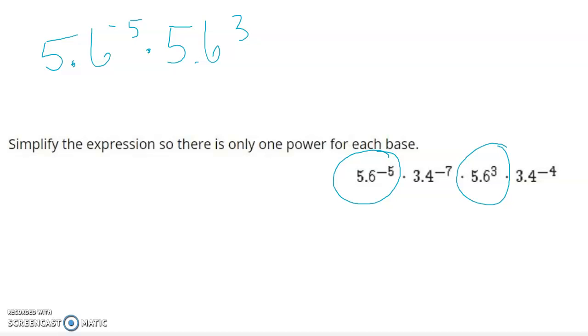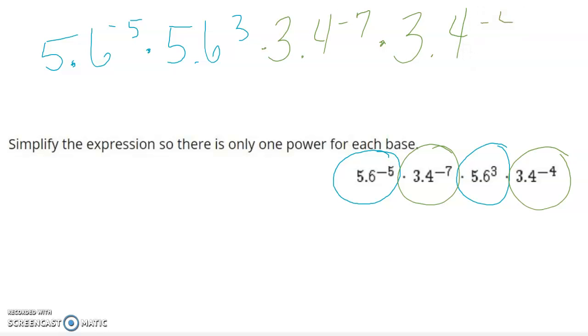All right, and then we have 3 and 4/10 to the negative seventh power and 3 and 4/10 to the negative fourth power. So that's 3 and 4/10 to the negative 7 times 3 and 4/10 to the negative fourth.